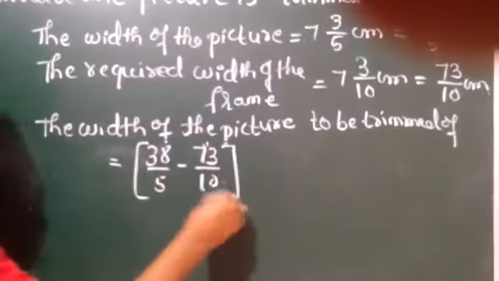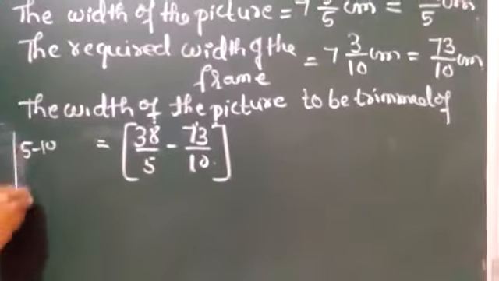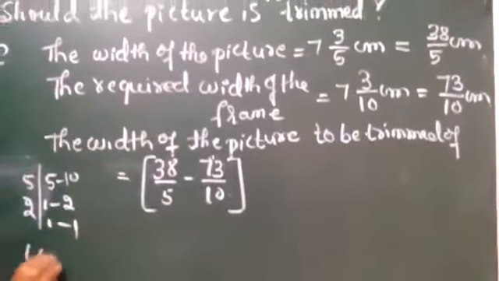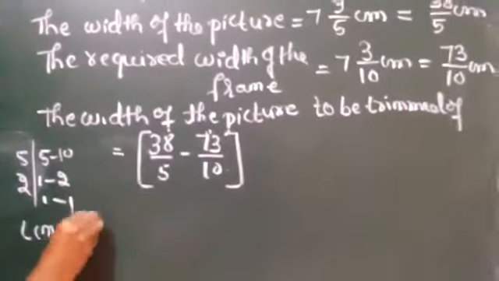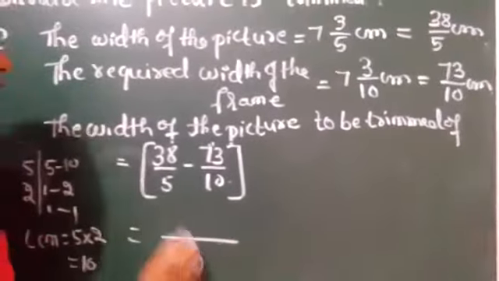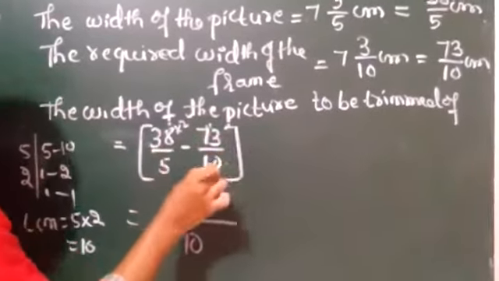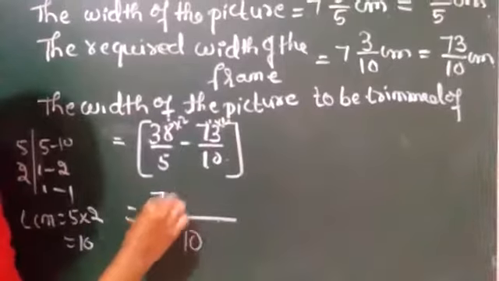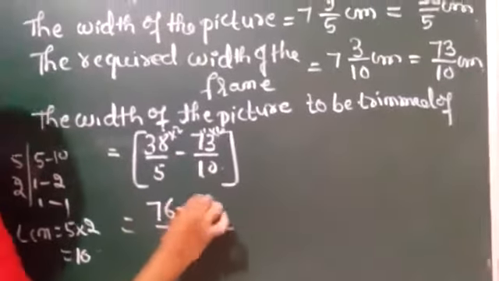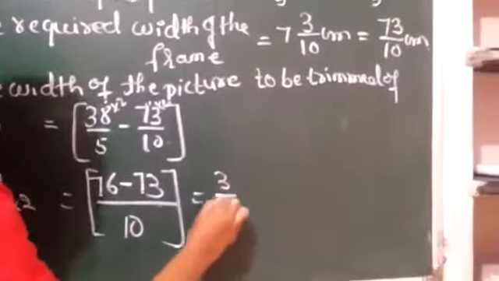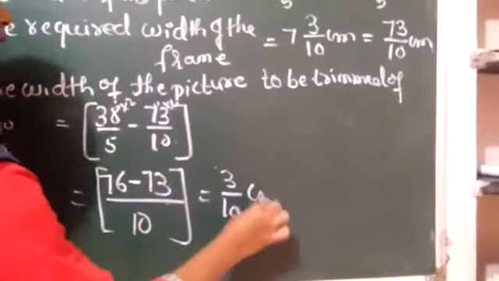Now take the LCM of 5 and 10. LCM is equal to 10. Write 10 here. 5 2s are 10, 10 1s are 10. 18 2s are 36, minus 23. What was the answer? 13 by 10 centimeters.